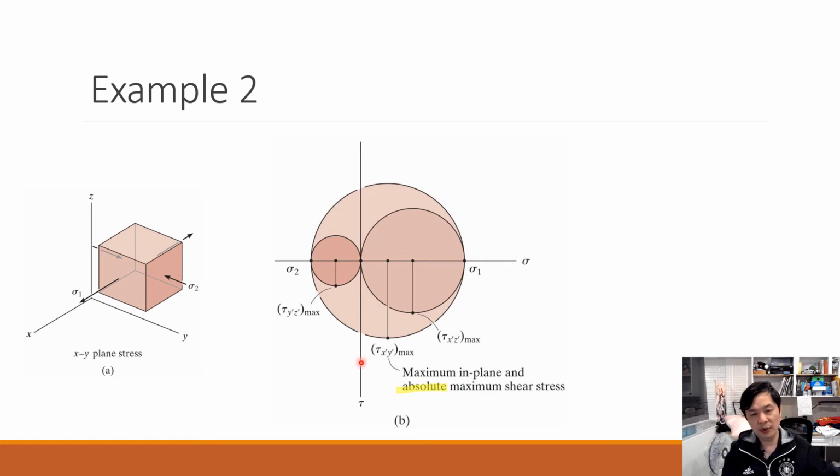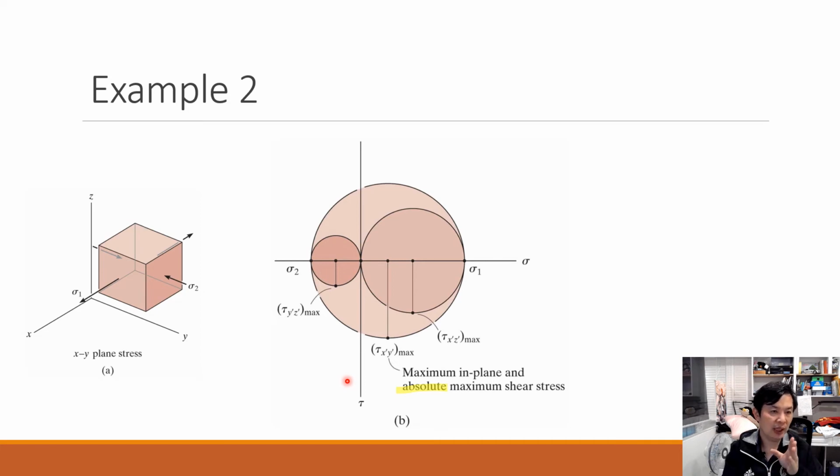If you review these two cases, once you have two principal stresses with the same sign, positive, positive, or negative, negative, then you need to refer to the condition of example 1, and your absolute maximum shear stress will come from sigma 1 and 0.